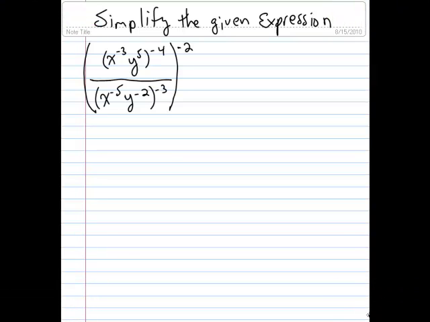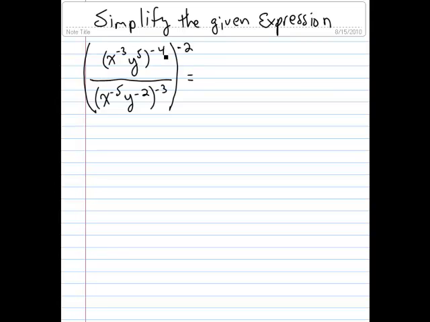Okay, we want to simplify this given expression, and we want to do this using the laws of exponents. So the first thing we want to do is work inside this big parentheses. So x to the negative third times y to the 5th, all raised to the negative 4th.